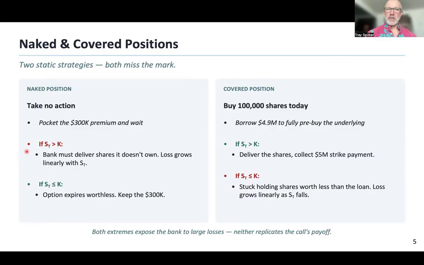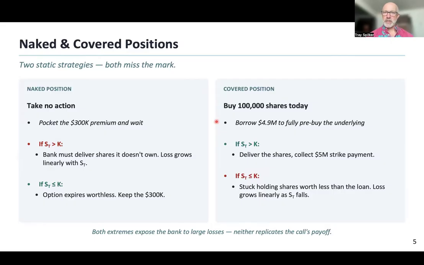Conversely, we can compare it to the covered position. A covered position would mean we borrow 100,000 shares times $49, the share price. So we borrow $4.9 million to fully pre-buy all the underlying shares, such that we're hedged. You buy the underlying, you sell the call option. That's a covered call.